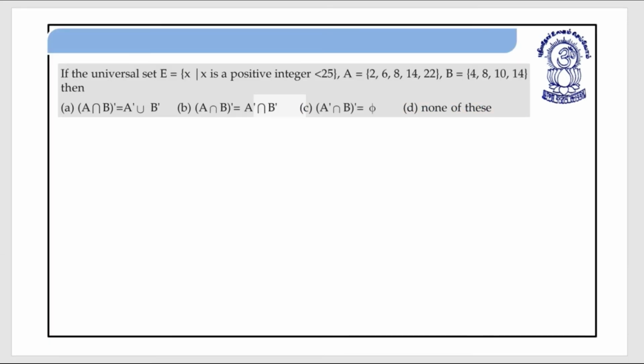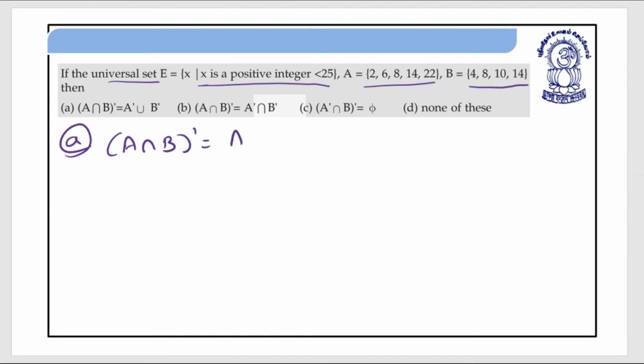Next question. If the universal set E = {x : x is a positive integer less than 25}, A = {2, 6, 8, 14, 22}, B = {4, 8, 10, 14}, then check with the options. (A intersect B)' = A' union B'. This is De Morgan's theorem.